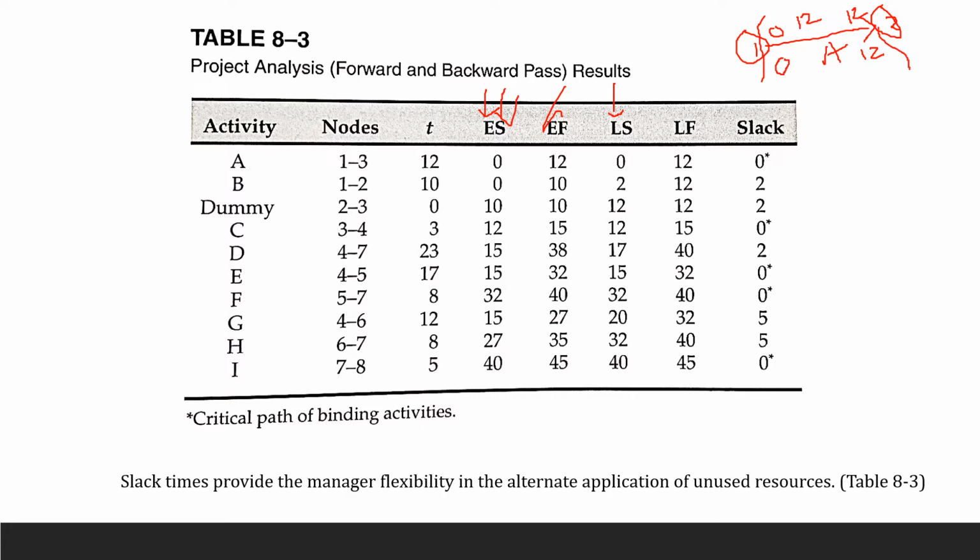So earliest start, earliest finish. So you've got 0 as earliest start. Earliest finish after 12 weeks, that's 12. This is your latest, okay? And that's your start, latest start, also 0. And then your latest finish is going to be 12, okay, in this case. So that's how we determine, again, critical path, and you're going to choose the longest one. Okay.